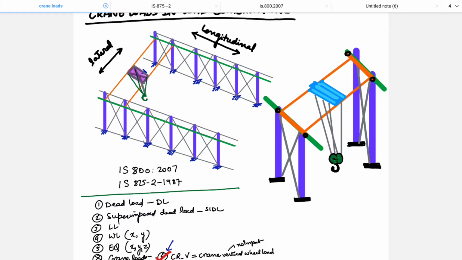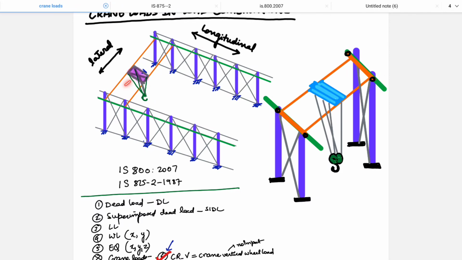Understand? And one more thing I want to add for understanding why these lateral surges and longitudinal forces come at all. These basically come when this crane starts from the rest position or when it tries to stop. When it is coming into action, the force comes in the lateral direction and in the longitudinal direction.